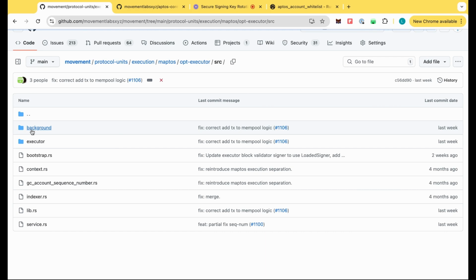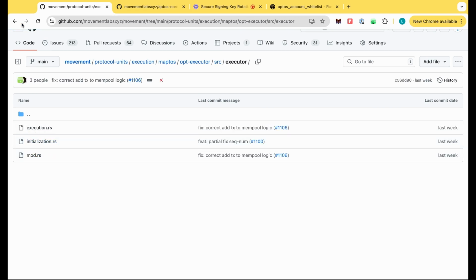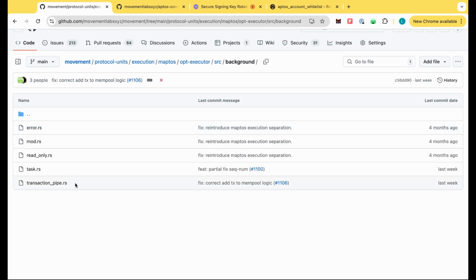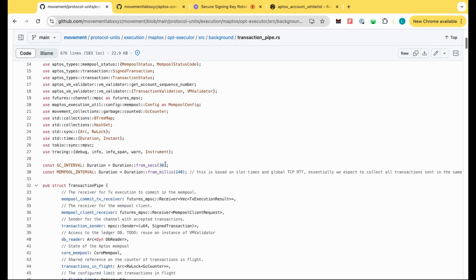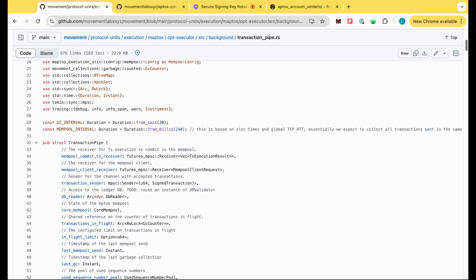The trickiest task, the thing that has been the most error prone in the past, has been the executor background task transaction pipe. This is a denial of service surface.